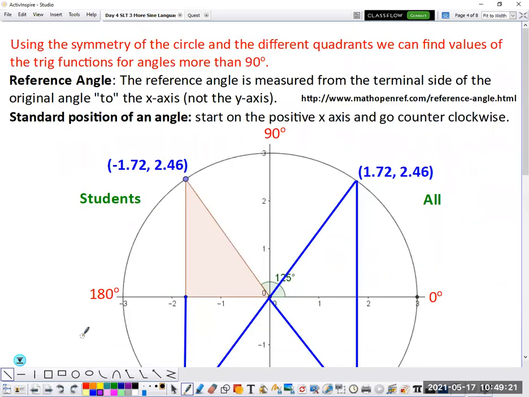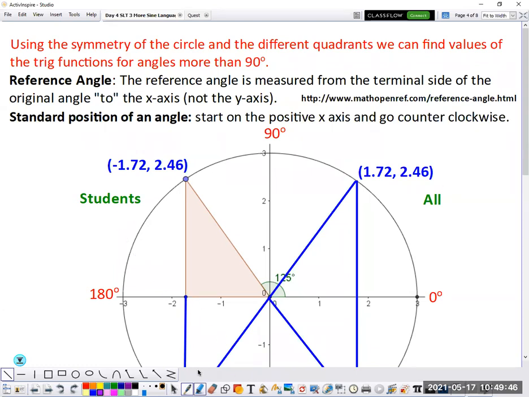So on the next page, I promised you I would have those definitions for you, and there is our definition for reference angle. The reference angle is measured from the terminal side of the original angle to the x-axis. To be in standard position, we're going to start on the positive x-axis, and we are going to go counterclockwise.